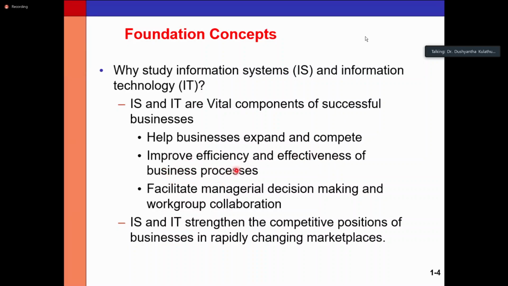Every organization has different types of business processes, and a number of business processes within them. By utilizing information systems and information technologies, they are in a position to improve the efficiency and effectiveness of those processes. These are 2 terms which you have learned in other courses also, but again, we will be looking at what we mean by improving efficiency and effectiveness by utilizing information systems and technologies.